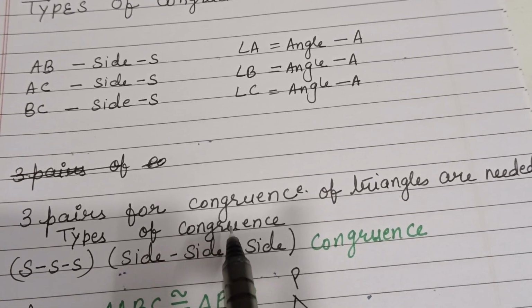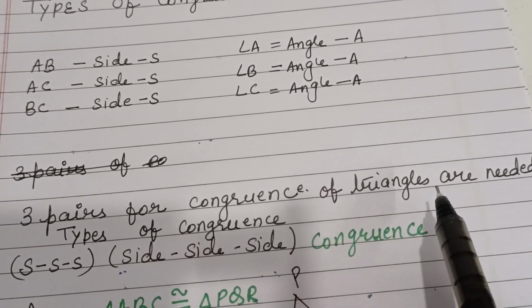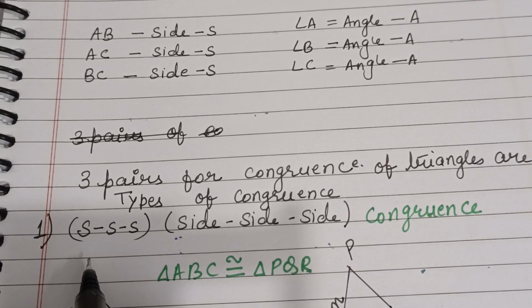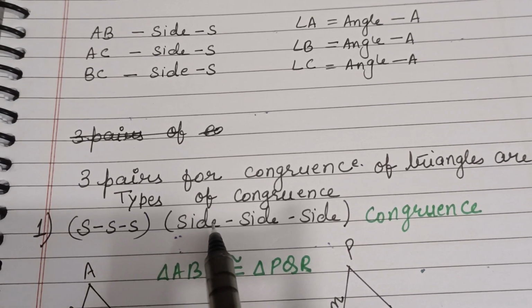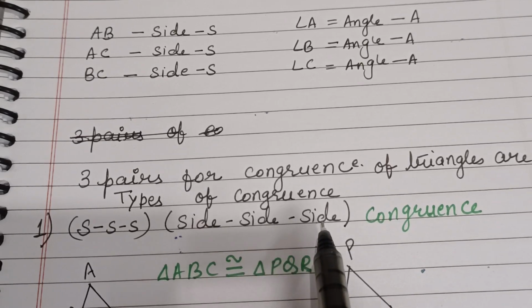So we have different kinds of congruence. The very first type of congruence is SSS congruence, that is side side side congruence.